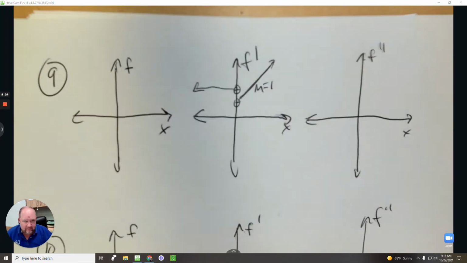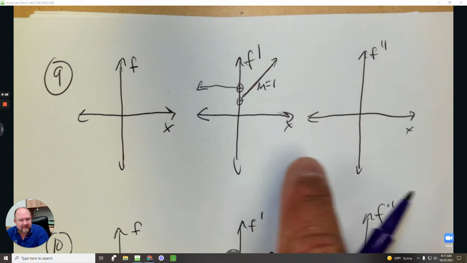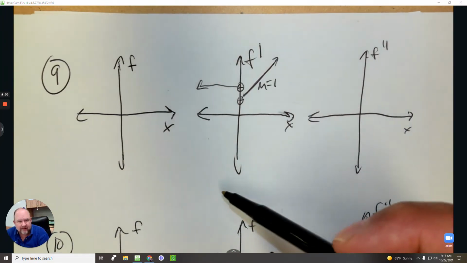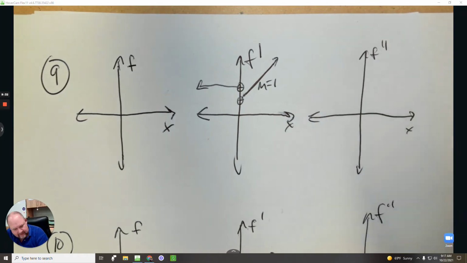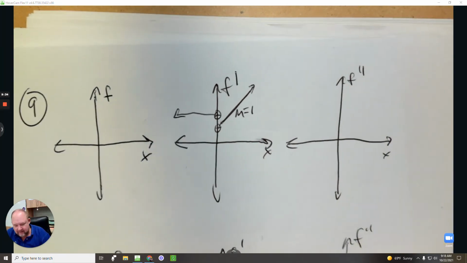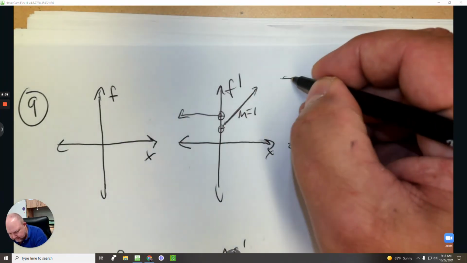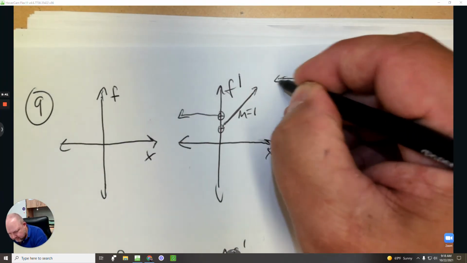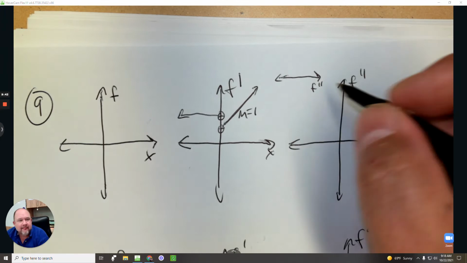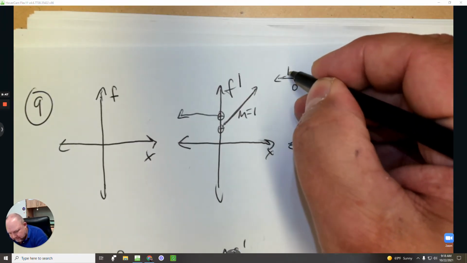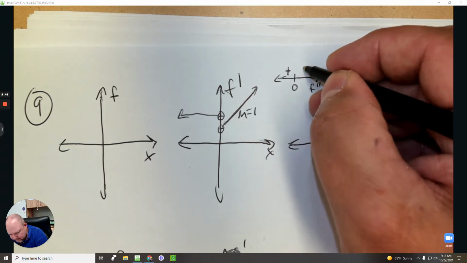Number 9. Again, press pause if you need to. This is connecting 3 of them. So we're going to draw a number line for the function and for the second derivative. So if I look at the second derivative and draw a number line for it, it's undefined at 0, but both sides are above.